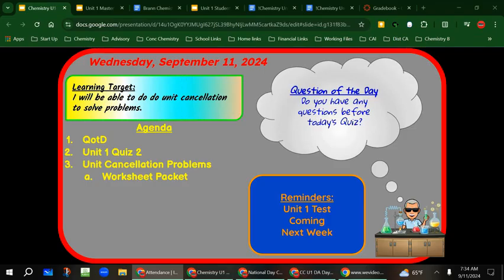Accuracy and precision, metric conversions, and measurements. Those are the things that are on your quiz today. So my question to you, is there anything that you would like me to go over, to explain before we take our quiz today? No, we're ready to take our quiz?